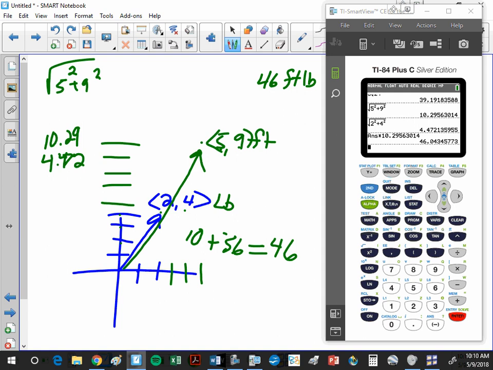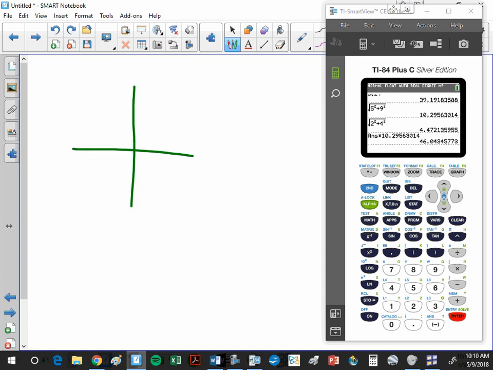So the next one says, this is where it says your turn. 1, 3 moves something to 4, 7.